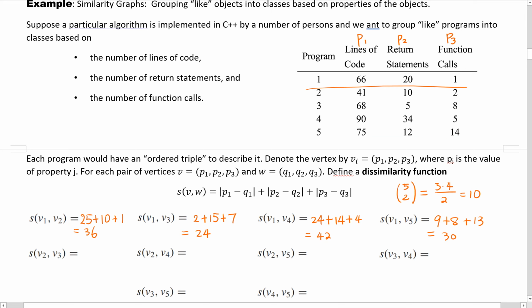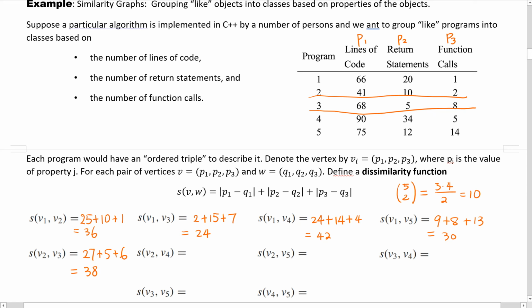Next we have V2 and V3. 41 and 68, that is 27. You can pause the video and try to calculate your answer, and then continue to play the video and check our work together. That's 11, so 38.